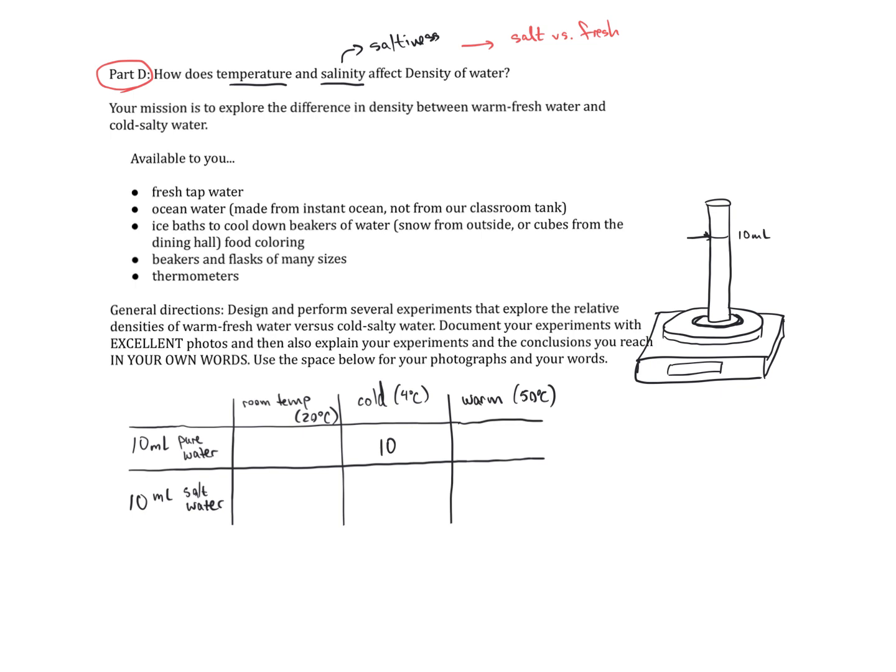And this is a way, again, of looking at density. Remember, density is defined as mass, so how much stuff per volume, so how tightly packed things are together. So 10 milliliters of pure water, and down here I've created just an example data table.